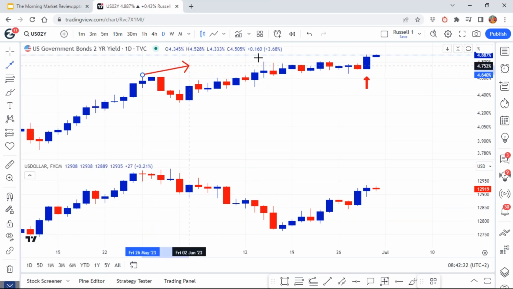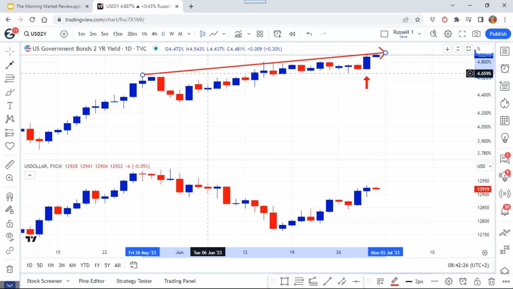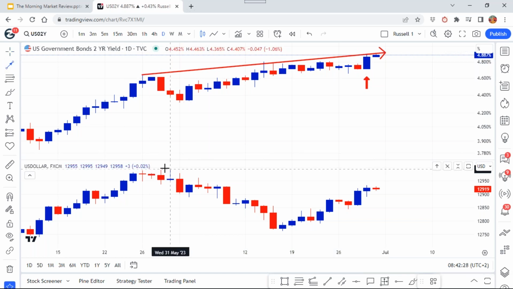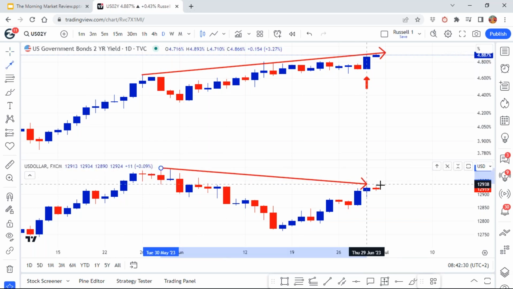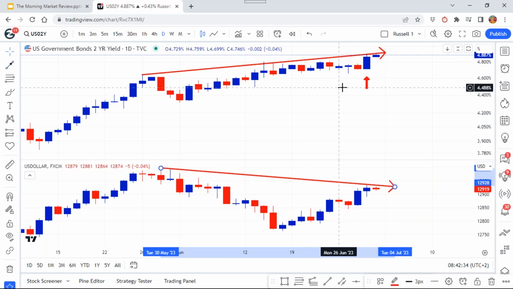So you can see that the US 2-year yield is moving in that northeasterly direction, and the US dollar is actually moving in a southeasterly direction. And what we've been saying is, one would think that the correlation reattaches, and the way that the correlation is going to reattach is, one of two things has to happen. Either the US dollar has to move up in line with the 2-year yield, or the 2-year yield has to move down in line with the US dollar.